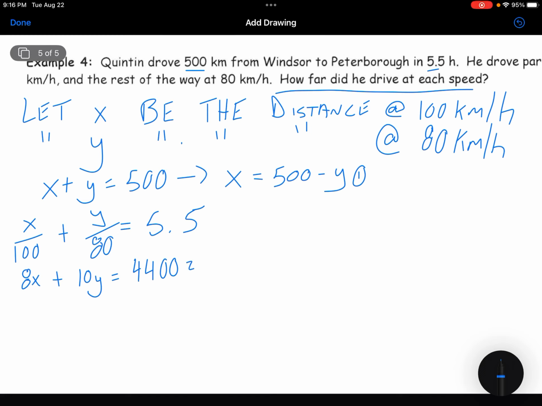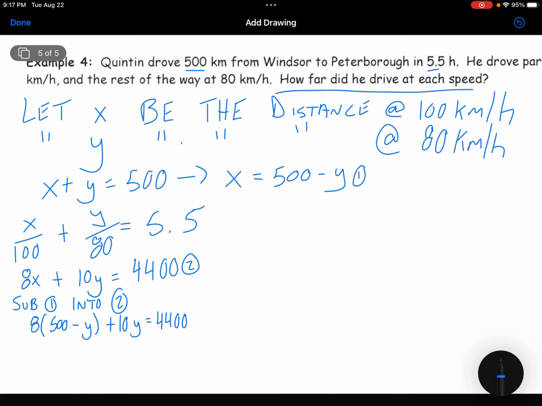And now we can say that that's 2, and all we're going to do is sub 1 into 2. So we're going to have 8 times 500 minus y plus 10y equals 4,400.